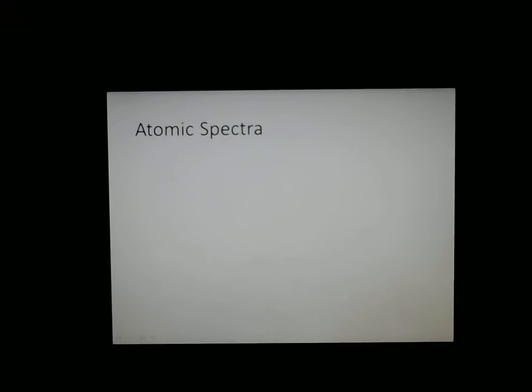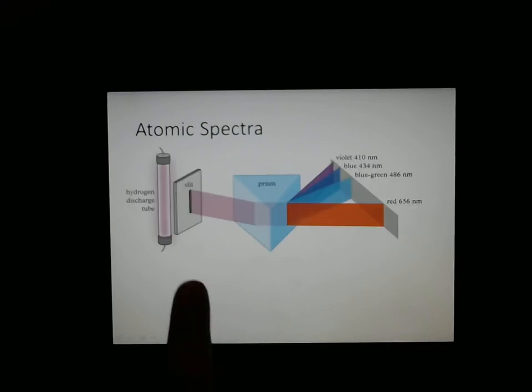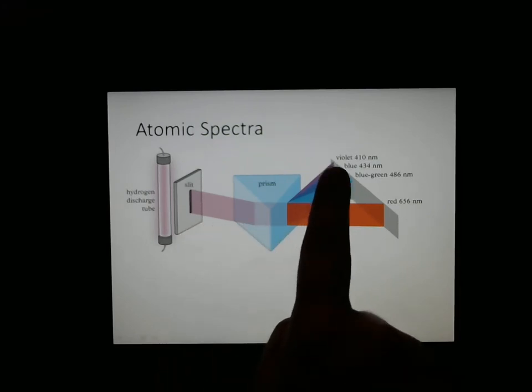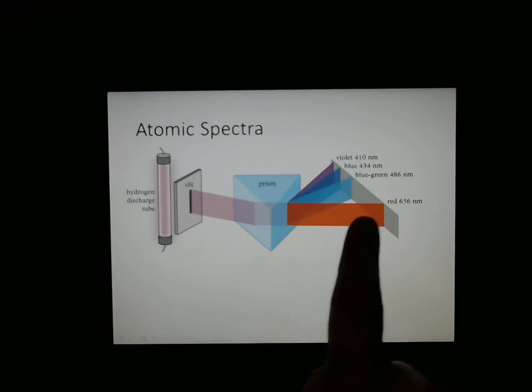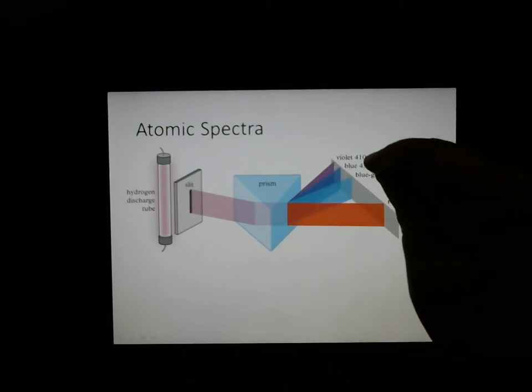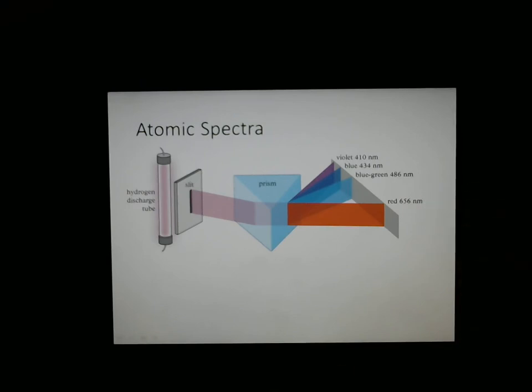Now, scientists had known about atomic spectra at this point for a little bit. Hydrogen gas, they knew, emitted 4 visible lights. So if we take some gas, we shine it through a slit so that it's collimated and all goes in the same direction, and into a prism, the different colours will refract a different amount, and so the red light, the blue-green, the blue, and then the violet, and you can see here their wavelengths. So this information was known.